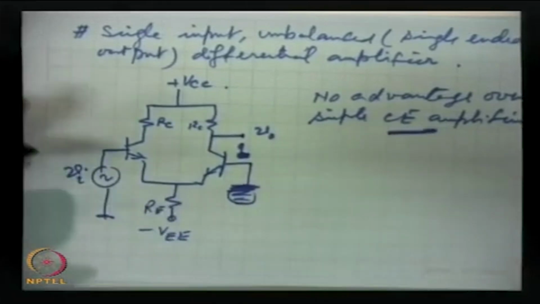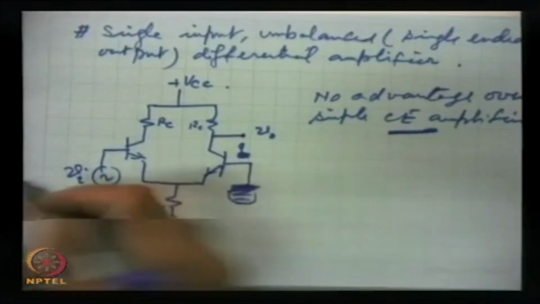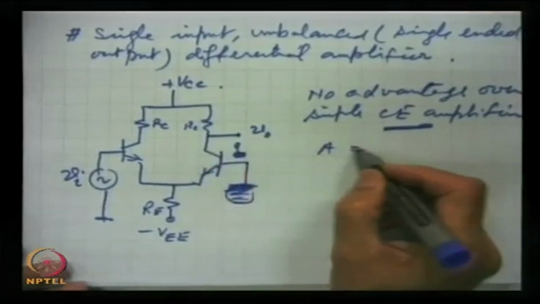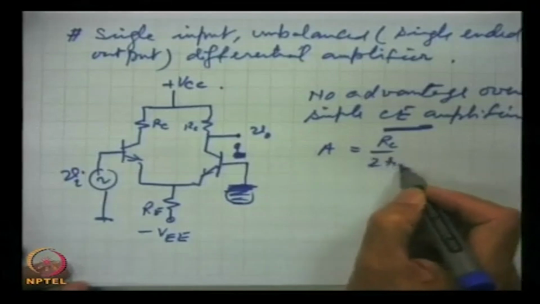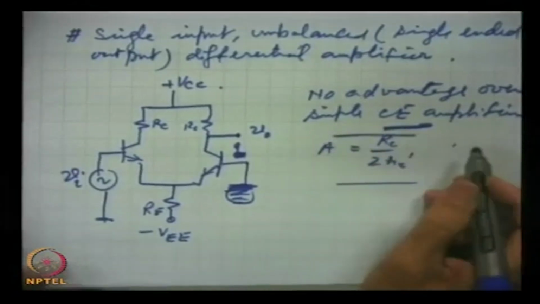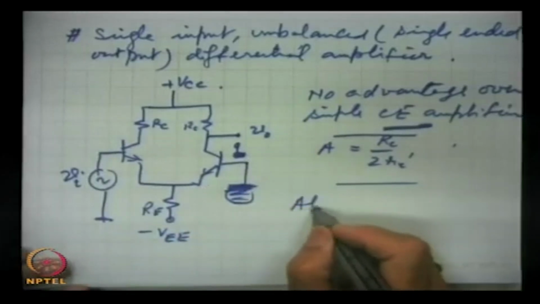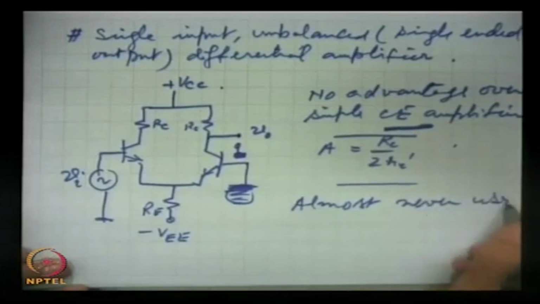So, this is almost never used; there are no advantages in using this. Here the gain will be half of the previous case when we take unbalanced. So, A will be RC by half RE prime.